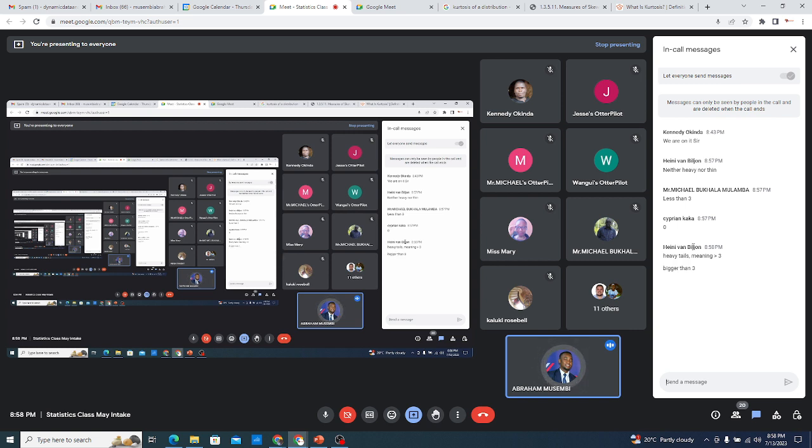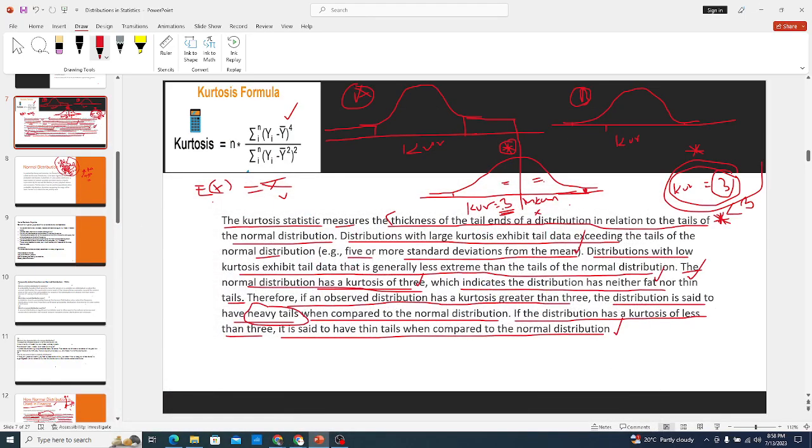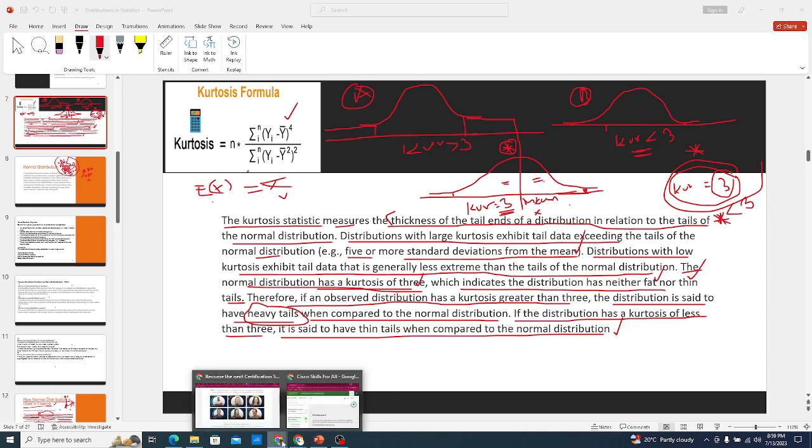For illustration B, the kurtosis is greater than 3. And for illustration A, the kurtosis will be less than 3.